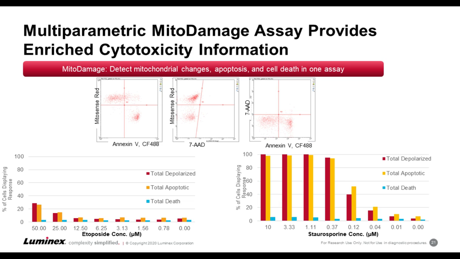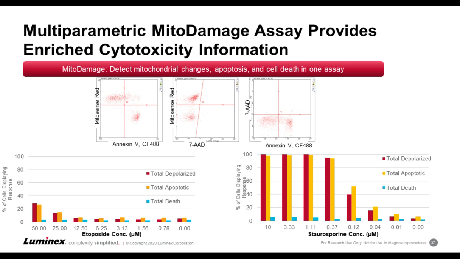Below in the 2 graphs, we show you the application of such an assay to treatment with 2 different compounds, etoposide and staurosporine, where Jurkat cells were treated with different doses. And the impact on all 3 parameters with a single assay can be studied. What we notice in both cases is there's no impact on cell death, but there is significant depolarization and apoptosis taking place, more significantly in the treatment condition with staurosporine, where you can see there's a lot of depolarization and annexin-based apoptosis detection.